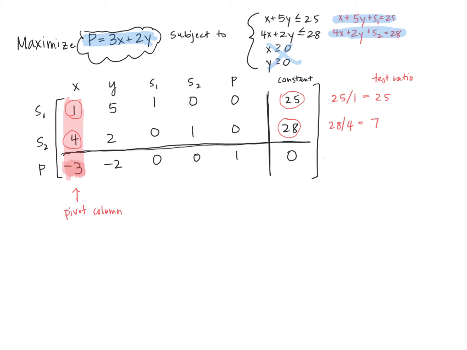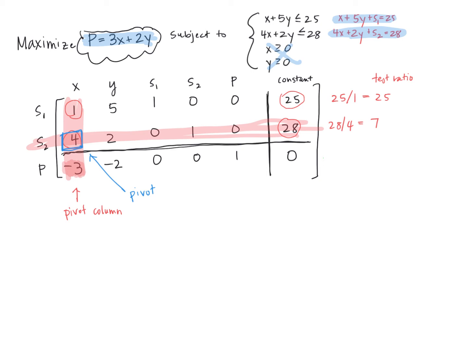And what you're interested in is the number in the position where your pivot column and your pivot row meet. If this is your pivot row, you can see that the 4 is in that position. So the 4 is called your pivot. The pivot is important because you're going to make the rest of your column zeros.